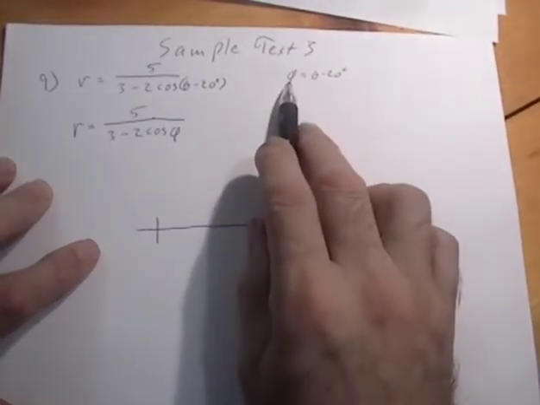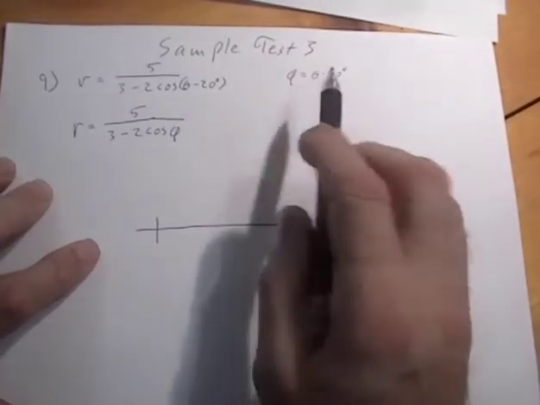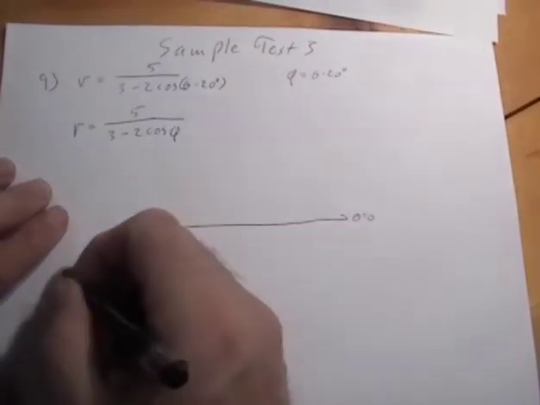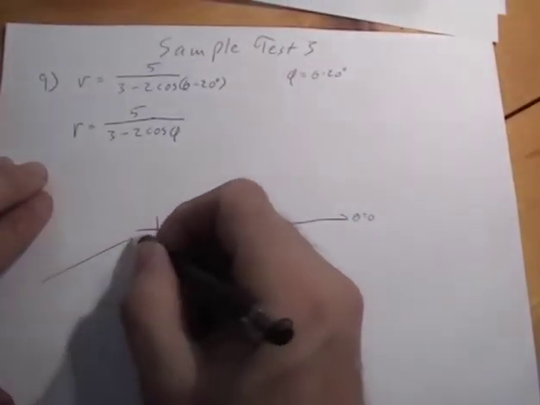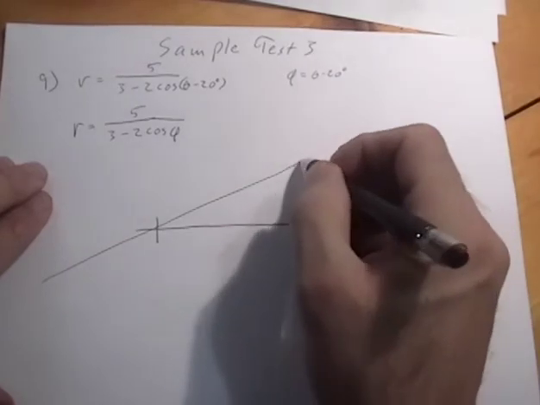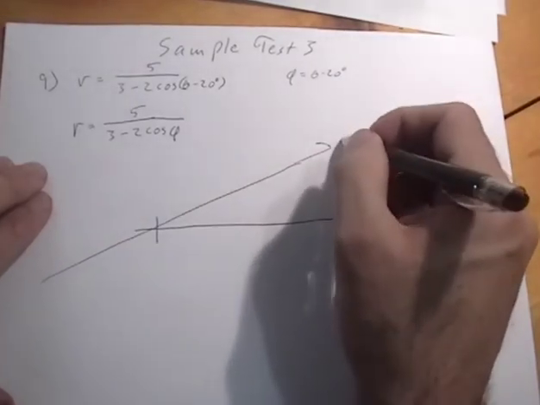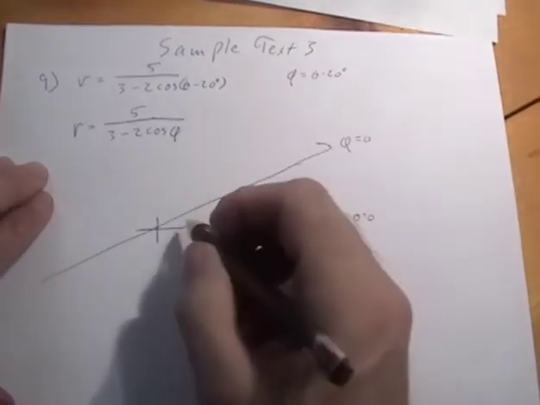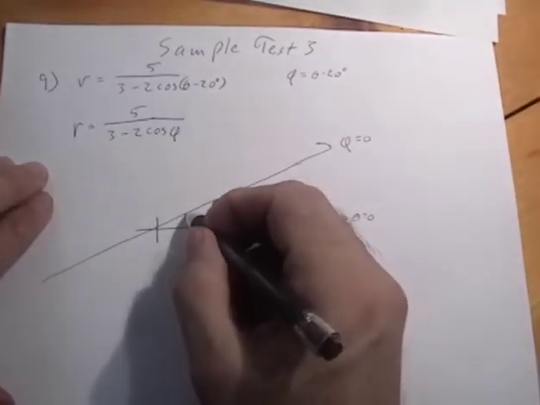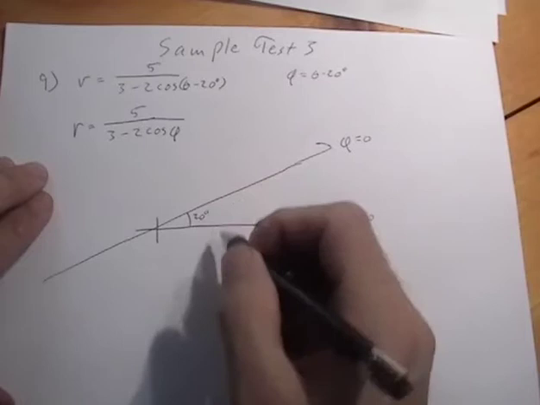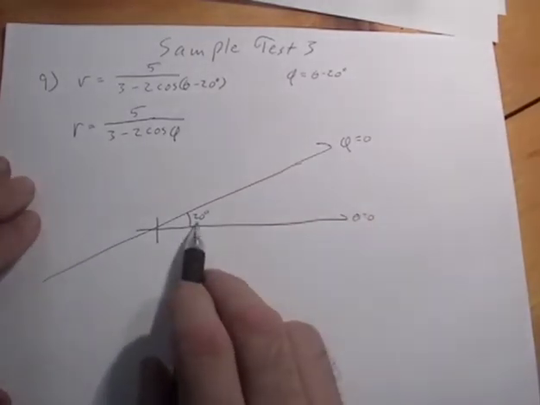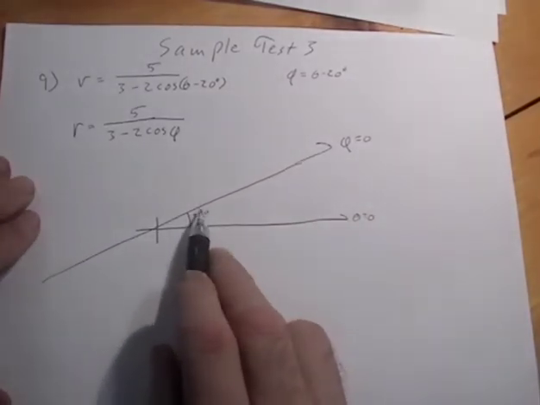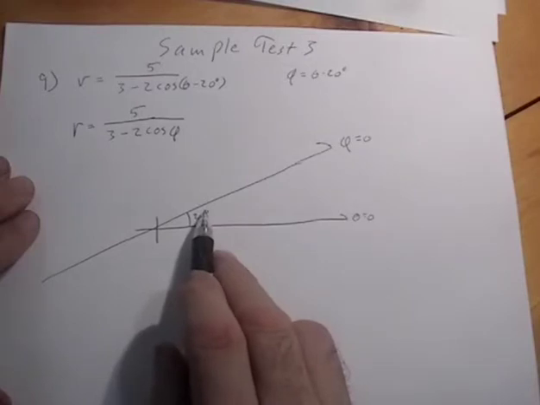So phi will equal 0 when theta is 20 degrees. So draw another line here. This is going to be phi equals 0. Note that this is 20 degrees, so you have a measure of how much it's offset.